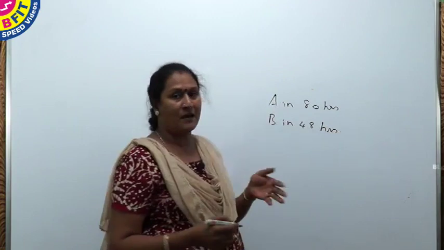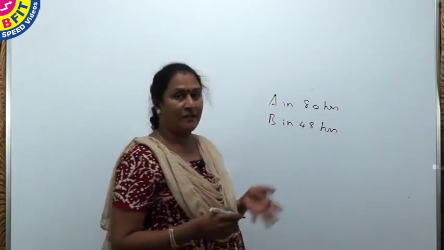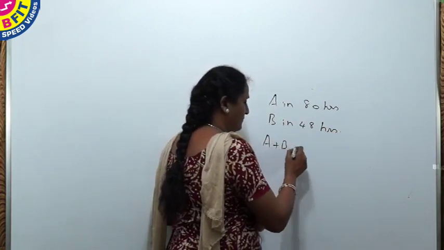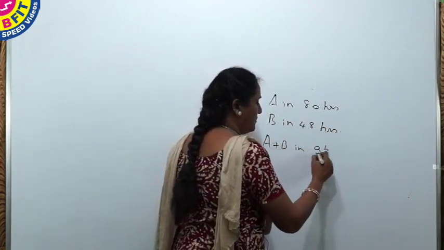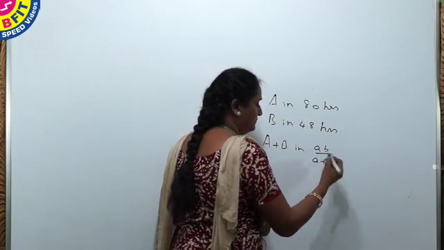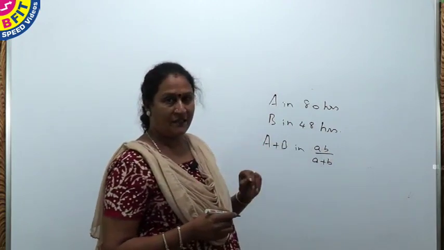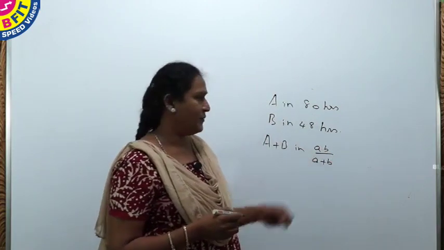So using AB by A plus B, you can find the time taken by A and B together. So substituting for A as 80 and for B as 48, you can proceed.